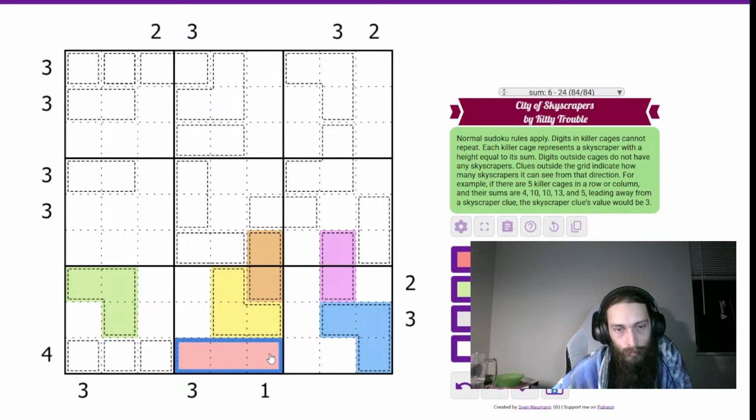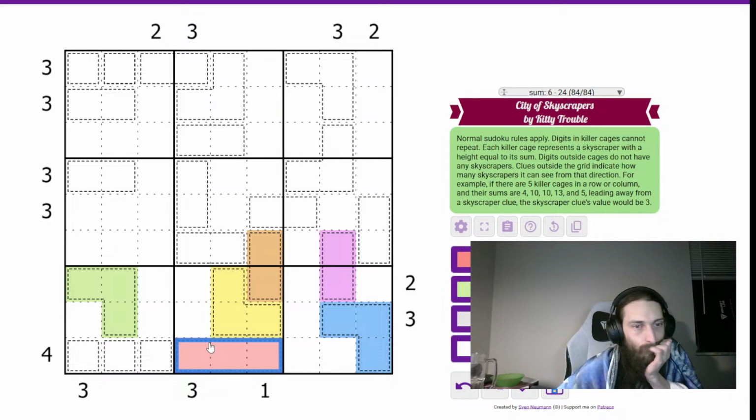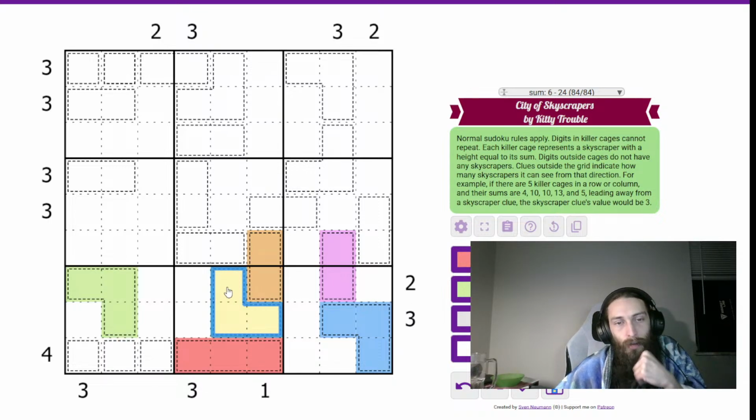But it's not going to be able to see green, because green is larger than yellow. This 2 cannot see yellow, because if it can see yellow, it would see green.